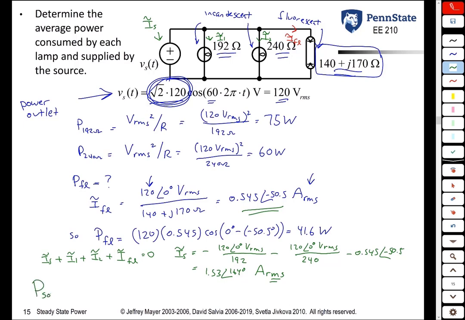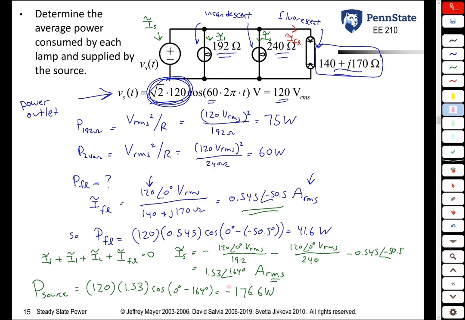So the power absorbed by the source is its voltage, 120 volts RMS, times its current, 1.53 amps RMS, times the cosine of the difference between its angles, 0 minus 164 degrees. You work out the math, you get minus 176.6 watts.